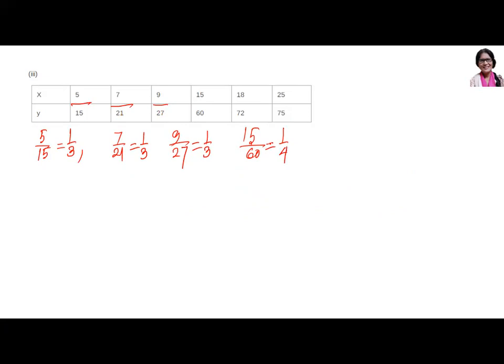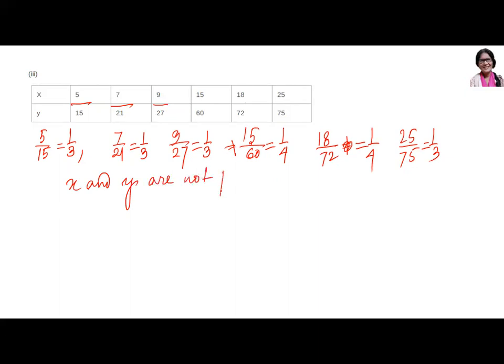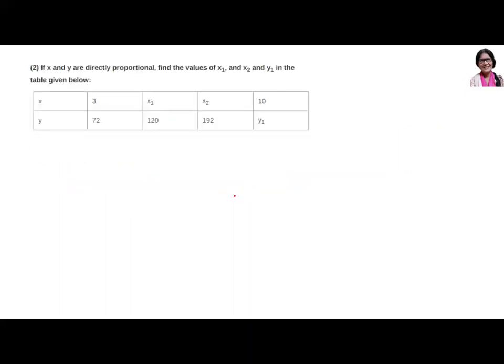No, they are not equal. 18 by 72, it is 1 by 4. 25 by 75, 1 by 3. So x and y are not proportional because some ratios we are getting 1 by 3, some ratios we are getting 1 by 4. Not proportional.